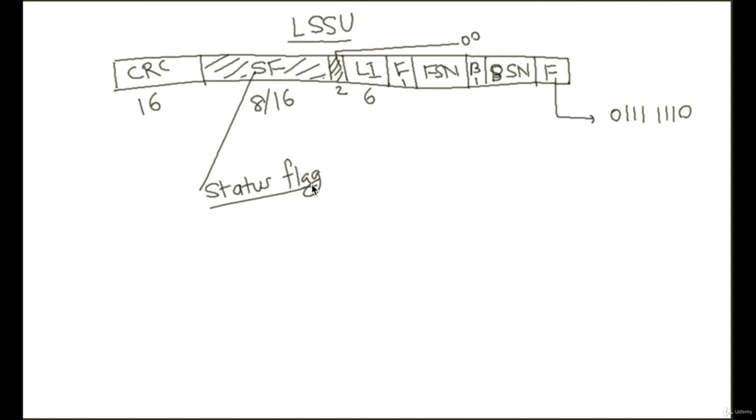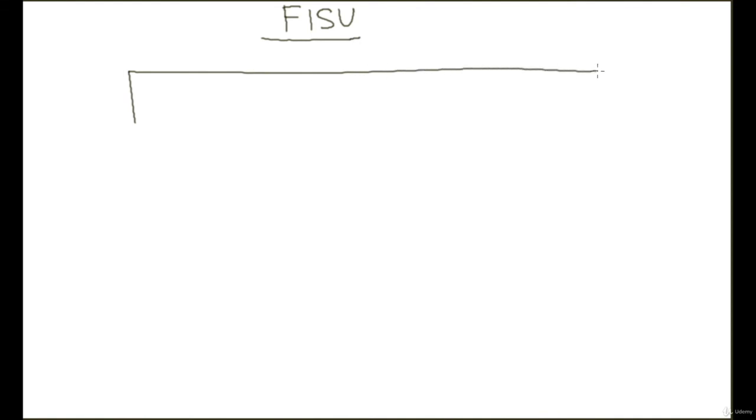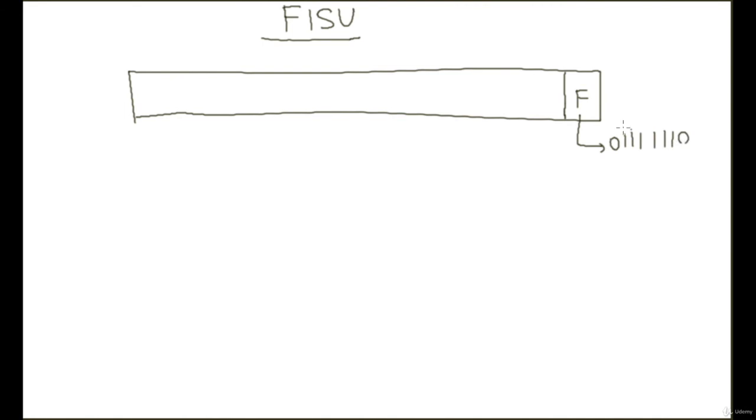Okay, so let's cover the FISU also. The fill-in signal unit is basically a filler information on idle links. This has all the essential parts of MTP2 layer messages. First is the flag. Flag is 0111 1110.